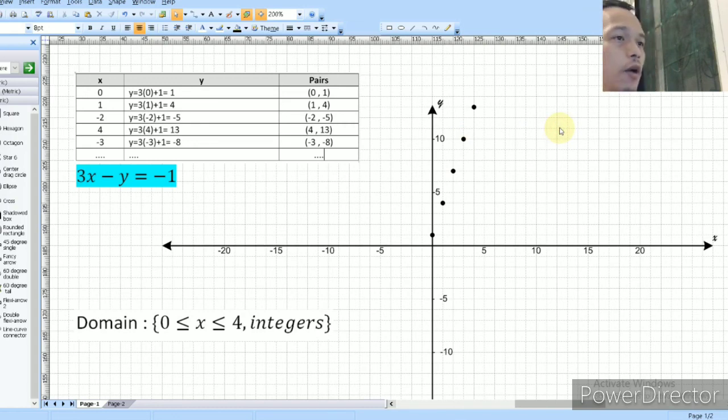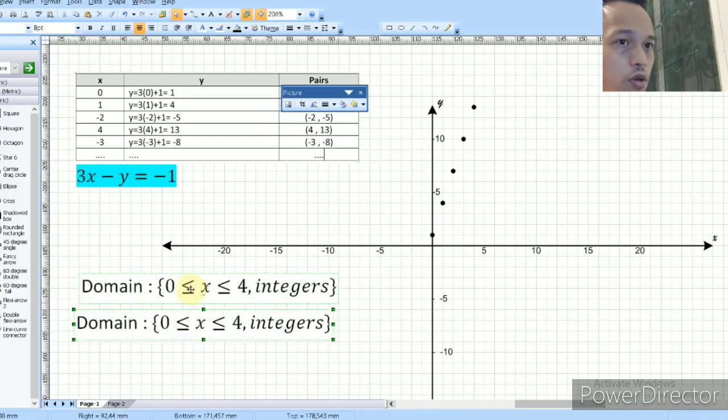So now, how about the range? The range is all values of y that come out based on the equation and the domain that you use. Since we only have 5 ordered pairs, it means we only have 5 values of y also.